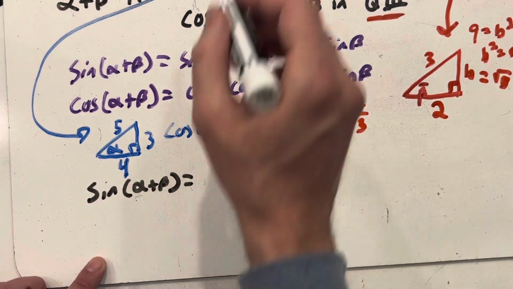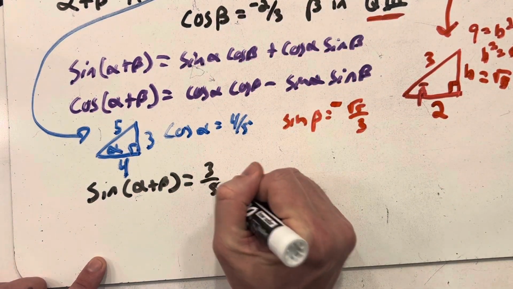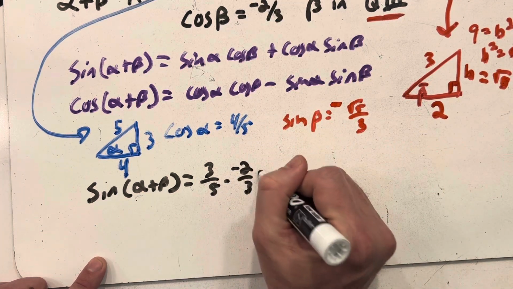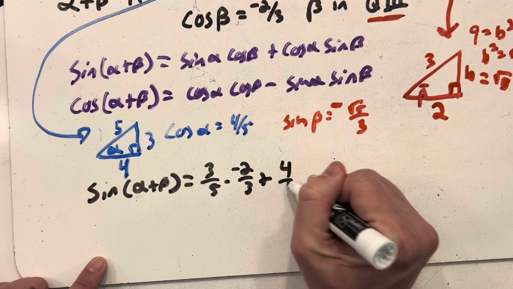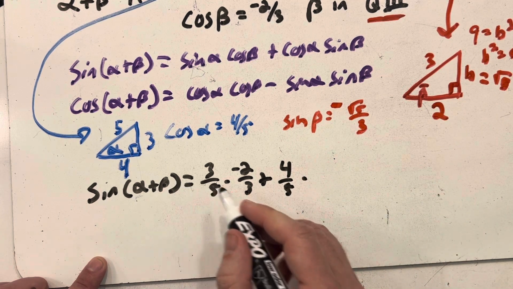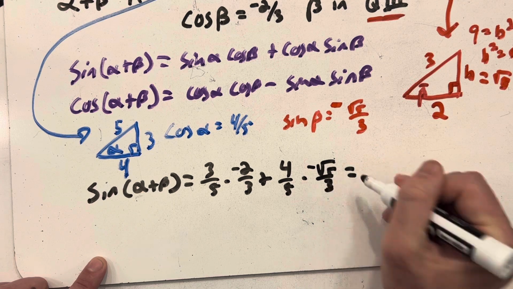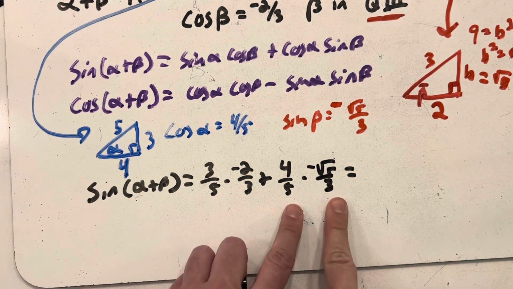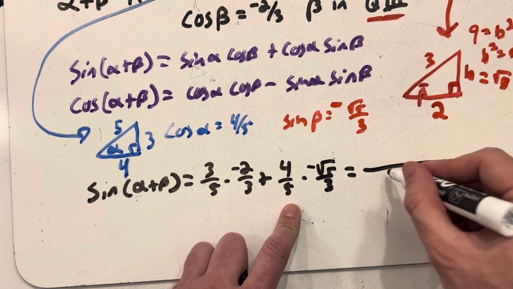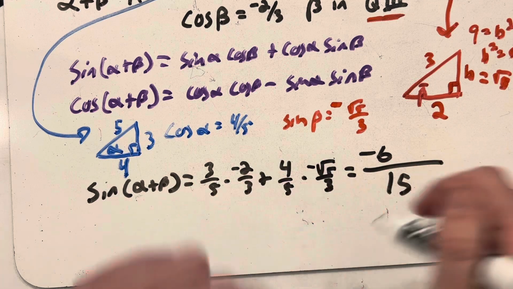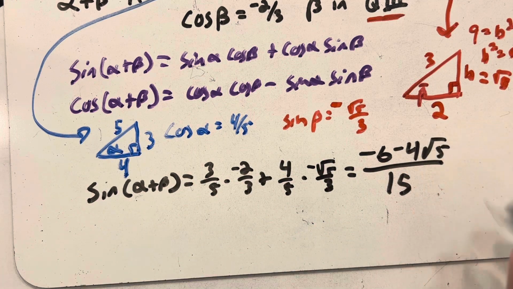Sine alpha, given to me, 3/5, times the cosine of beta, given to me, minus 2/3, plus the cosine of alpha, 4/5, times the sine of beta, minus root 5 over 3. 5 times 3 is 15. 5 times 3 is still 15. I have a common denominator of 15. Minus 2 times 3 is minus 6. And here I have minus 4 root 5. It's not the prettiest number I've ever seen, but it's the exact value of the sine of alpha plus beta.